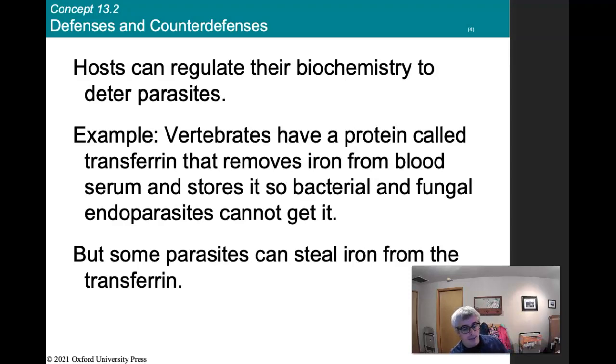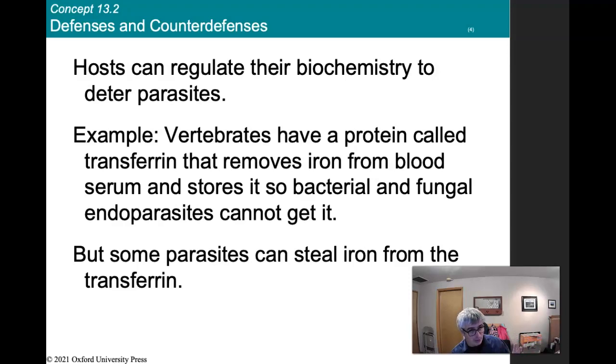In some parasites, then, it's like this arms race. Some parasites have developed ways to steal iron from transferrin, which could actually be more effective. I'm trying to think of an example: if something's scared, so it moves all of its cash into a certain spot, then you just go rob the cash, right?